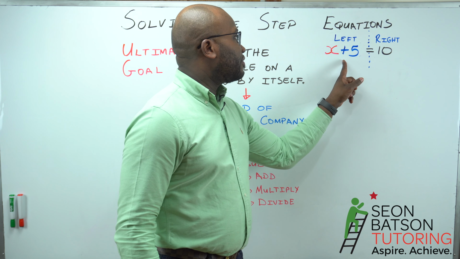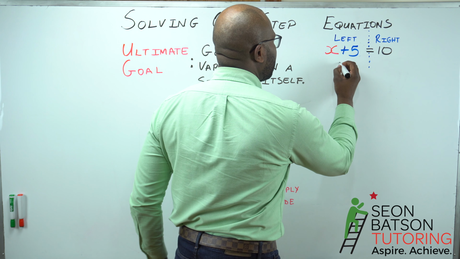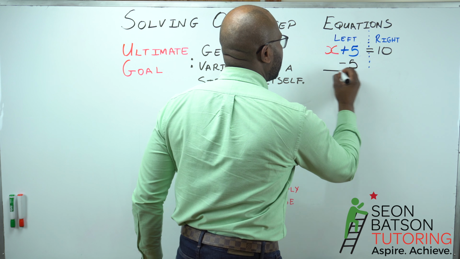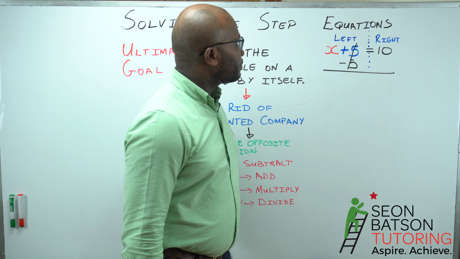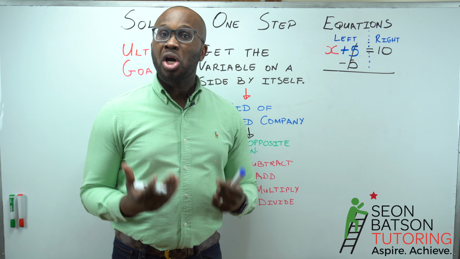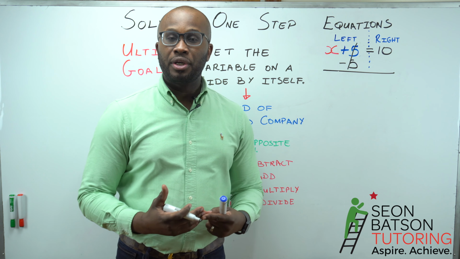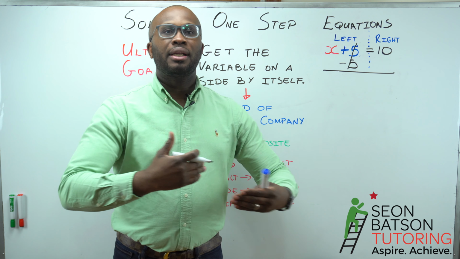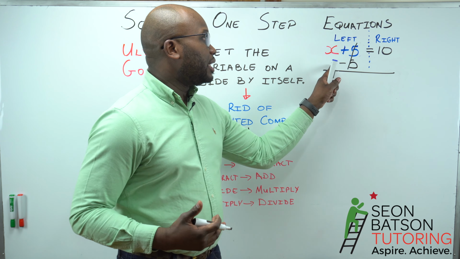So since the 5 is adding, we will subtract 5 to get rid of this 5. 5 take 5 is 0. And that's the purpose of the opposite operation. The opposite operation gets rid of or eliminates the unwanted company.